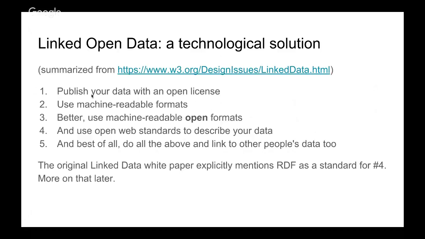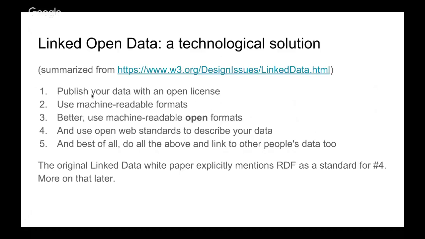You should use machine-readable formats. Even better, you should use open machine-readable formats. So instead of putting up a Word document, you should maybe put up a TEI document or even just a text document. Instead of an Excel spreadsheet, you should put up comma-separated values, for example.